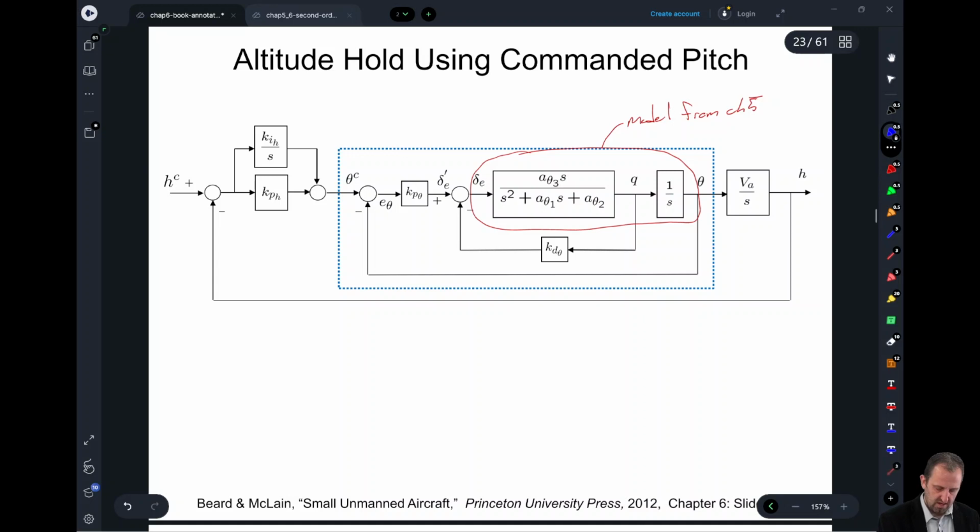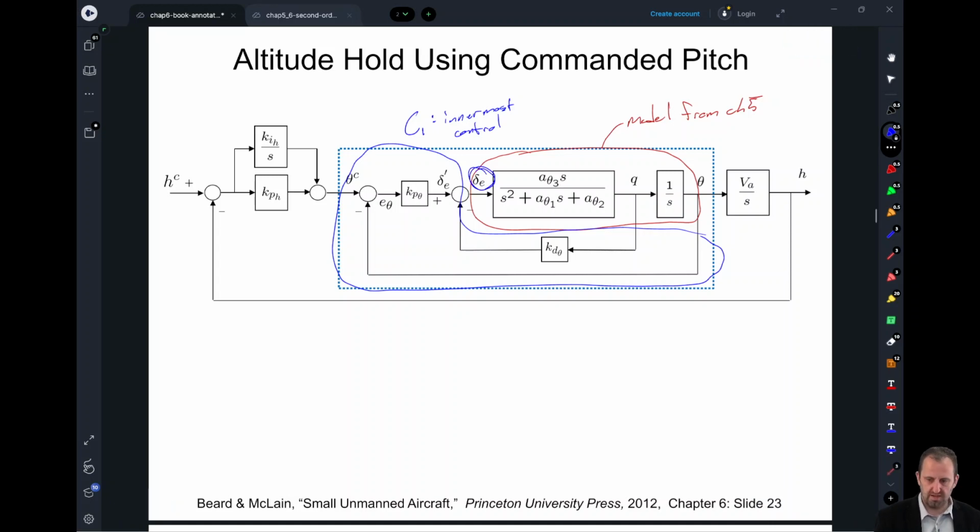And then the rest of this is now our inner control, C1, the innermost control. You see that we're actually choosing one of our control values as well: the elevator command.